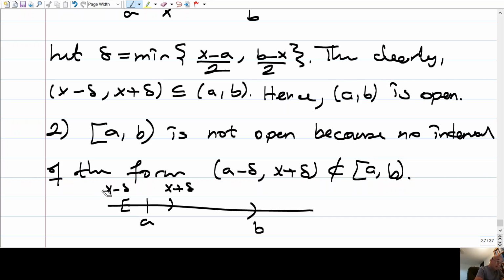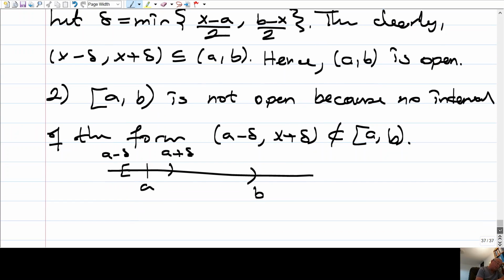Not x, I should write A, because A minus delta is necessarily less than A, so you just go outside. Therefore, this interval is not contained here. Therefore, this is not open.